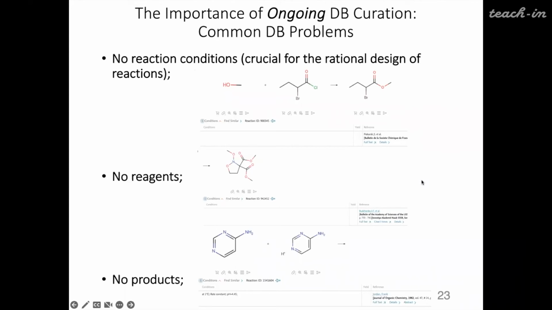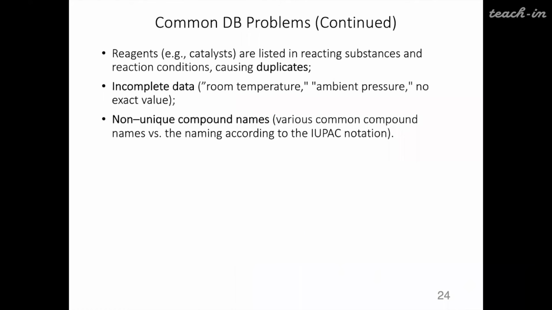So there are missing data on reagents, or some entries may even miss reaction products. So ongoing database curation is really important, and there are some problems.